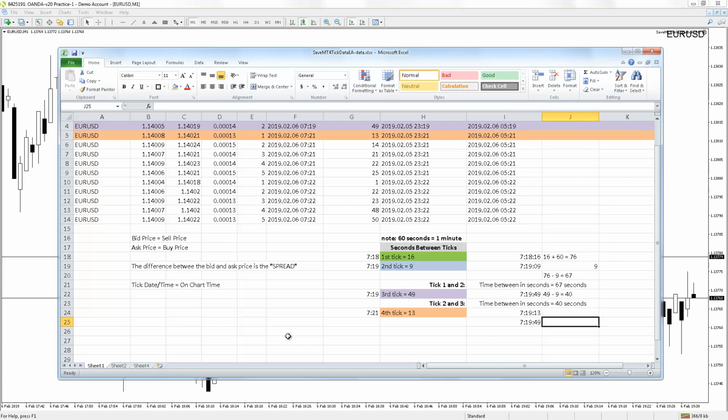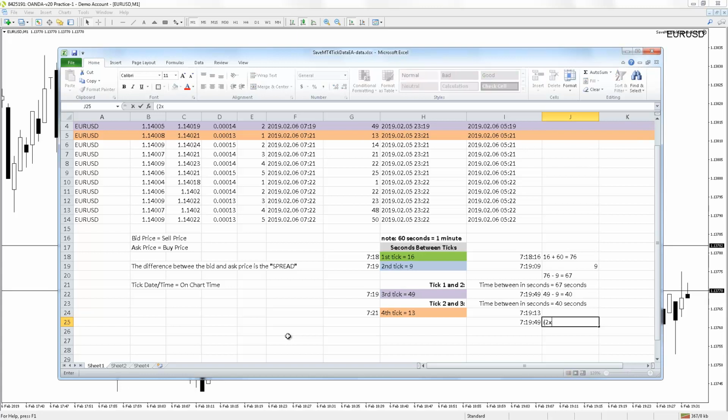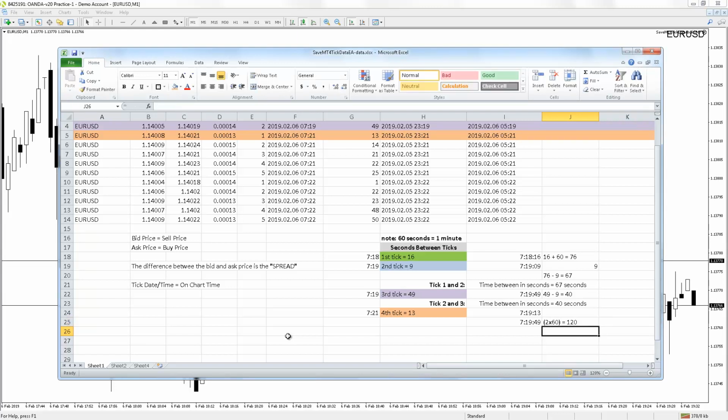So 2 times 60 equals 120. And then we're going to do 120 plus 40. Actually, we're not going to do that because, okay, so 7/21/13, 7/19/49.